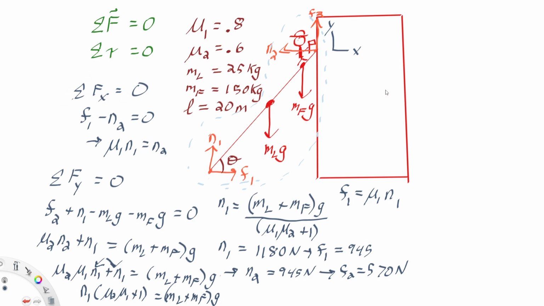Which values, Jess? Question. What's the general formula for friction again? General formula for friction is this. Friction is equal to some coefficient times the normal force. Okay, thanks.